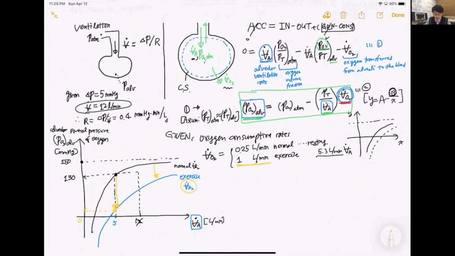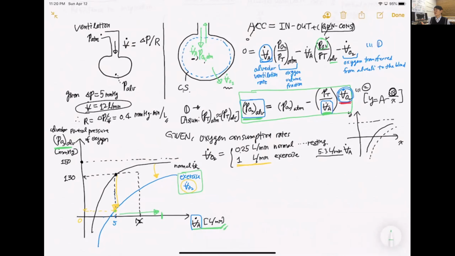So in that case, we cannot sustain this state because there's not enough oxygen partial pressure left in the alveolus. So during this exercise period, to keep up this alveolar partial pressure, we have to increase our alveolar ventilation rate. Otherwise we cannot sustain.